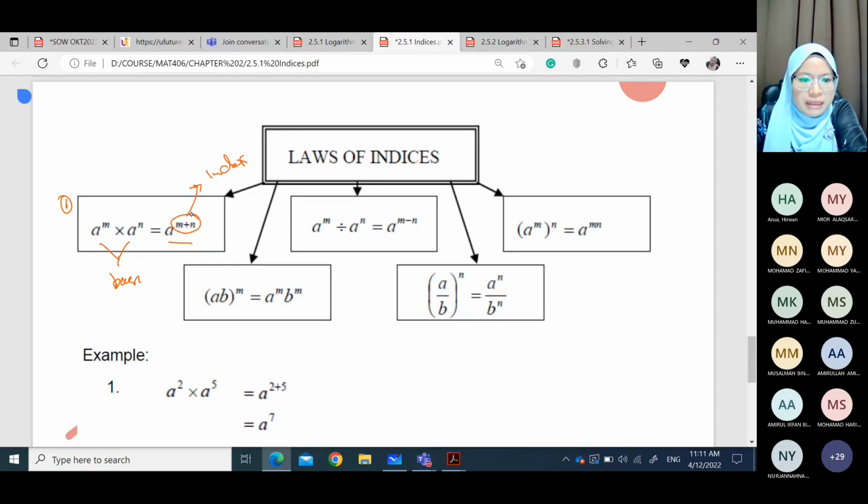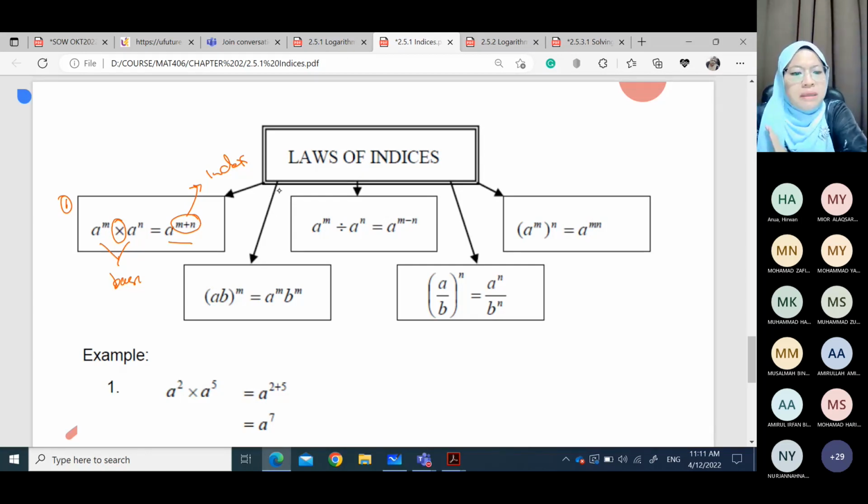Maknanya kita boleh simplify. Okay, daripada A to the power of M times A to the power of N. So bila base sama dan operasi dia darab dekat sini, so maknanya index itu kita boleh tambahkan. So it is also equivalent with A to the power of M plus N.